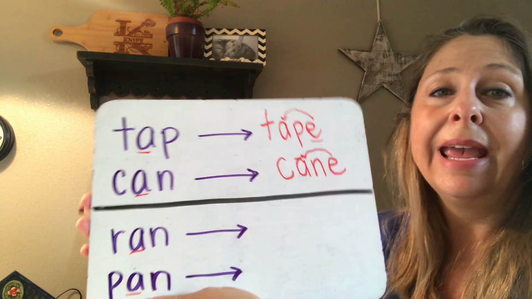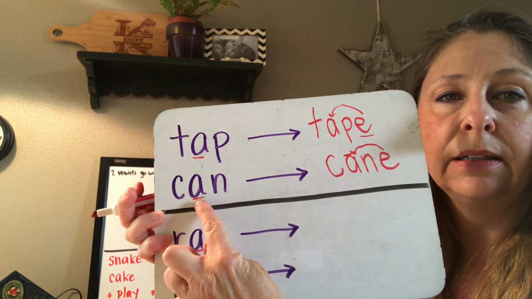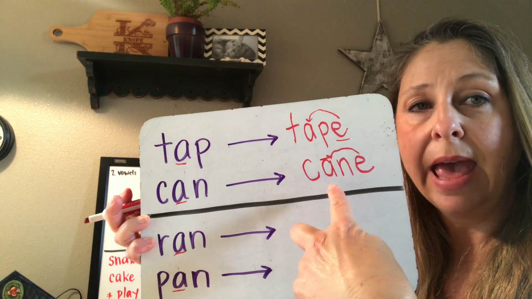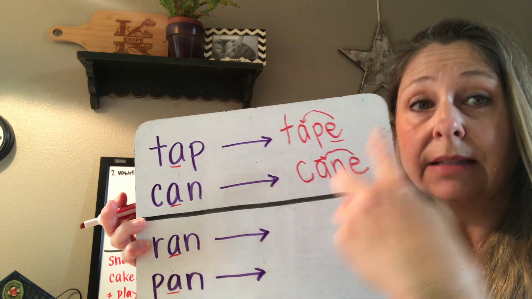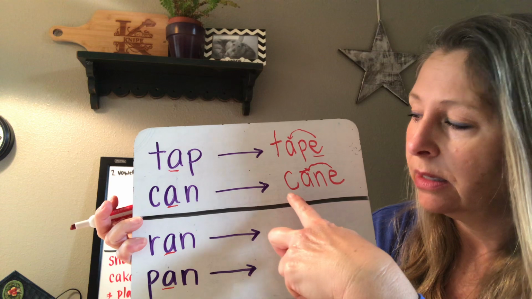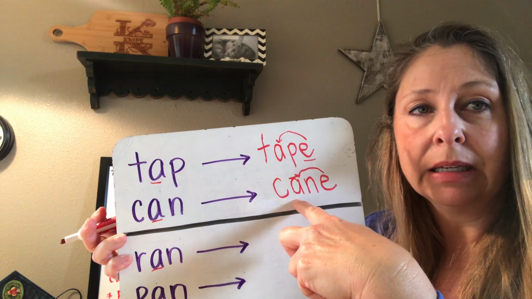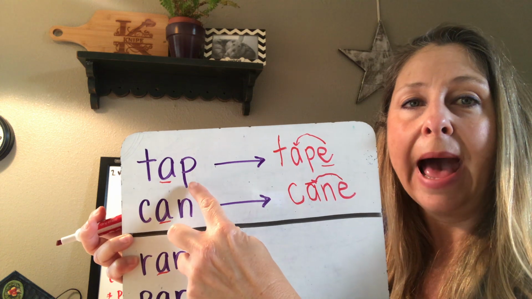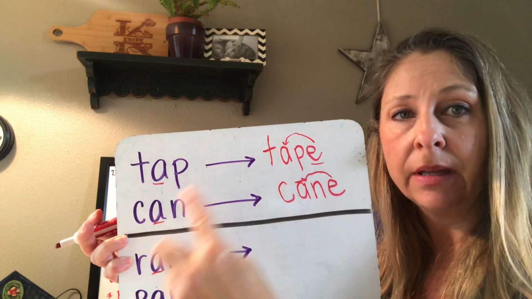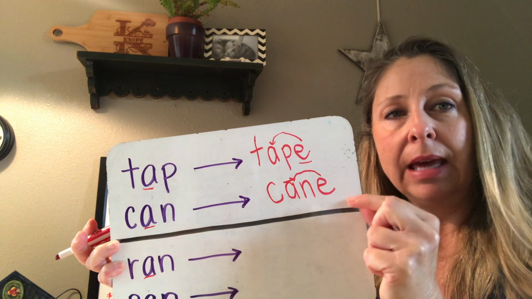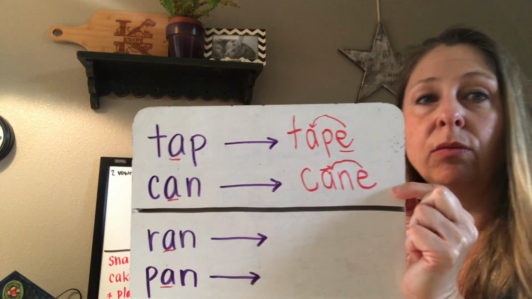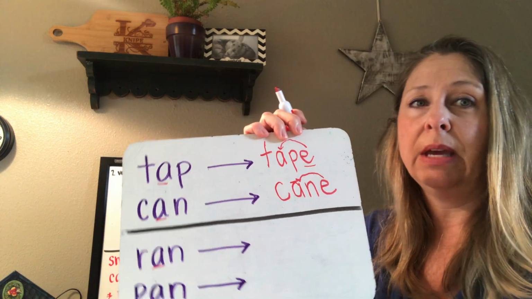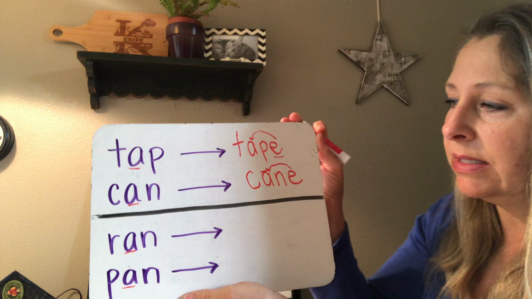So instead of saying a in can, it's saying A, and then the E is silent. So this is the word cane. So we have tap, tape, can, cane. Okay, that's one way of making the long A vowel sound.